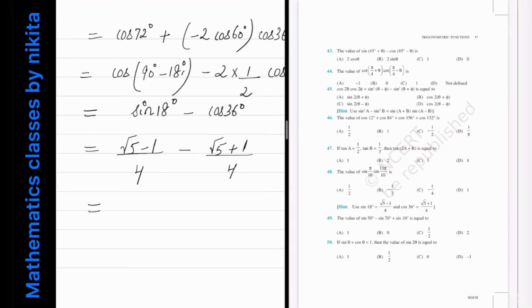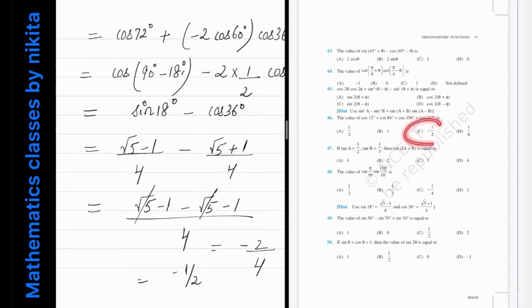So just simplify this. What you will get, root 5 minus 1 minus root 5 minus 1 divided by 4. So this cancels with this. So you are left with minus 2 by 4, which is equal to minus half. So therefore the correct option here is C part. So my answer is C part.